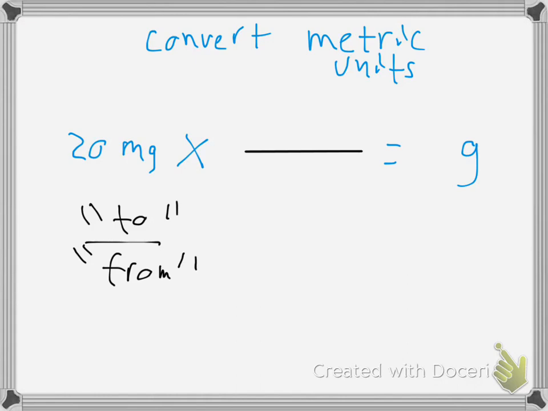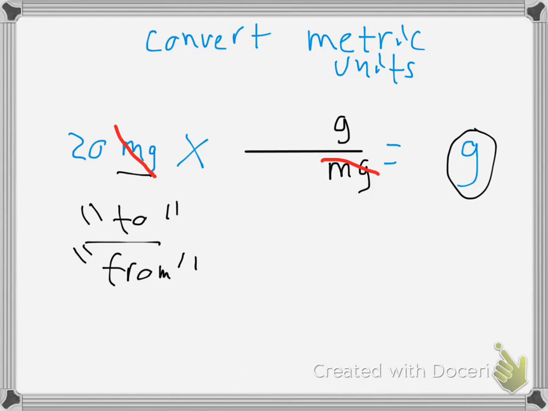So what is the unit I'm going to? I want to go to grams. What is the unit I'm coming from? I'm coming from milligrams. So right away, let's put those quantities here. And what you'll see is that if we have milligrams in the numerator and milligrams in the denominator of our fraction, they will cancel out.